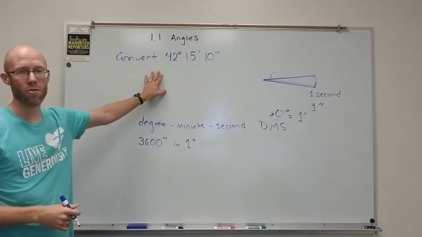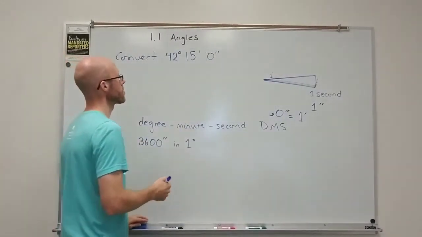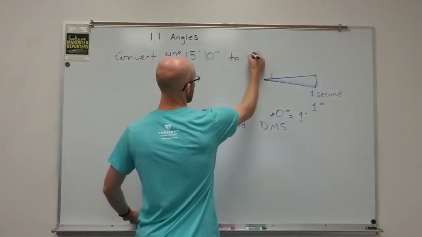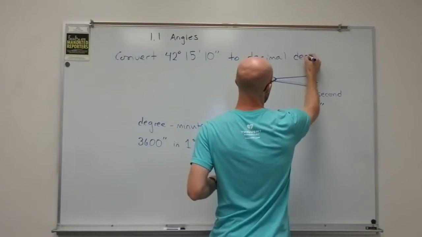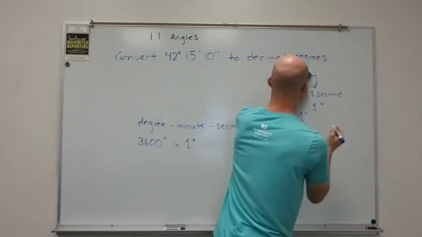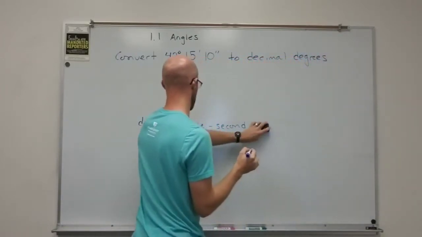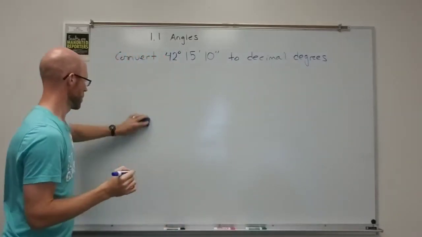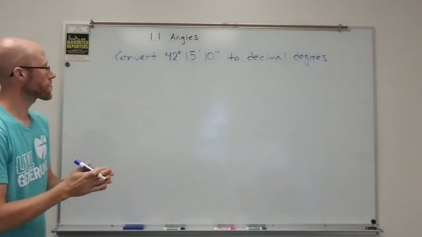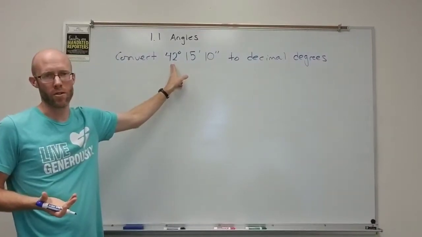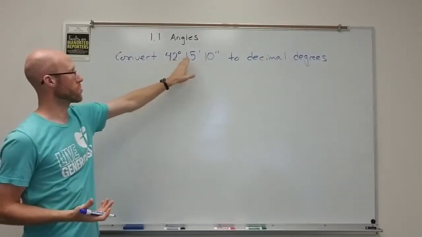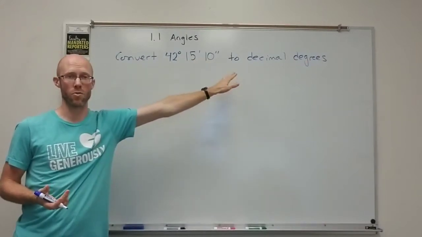And I want to convert that to decimal degrees. Well, the 42 is already in degrees, so I don't have to do any conversion. What we're really trying to do is convert the minutes and the seconds into degrees.